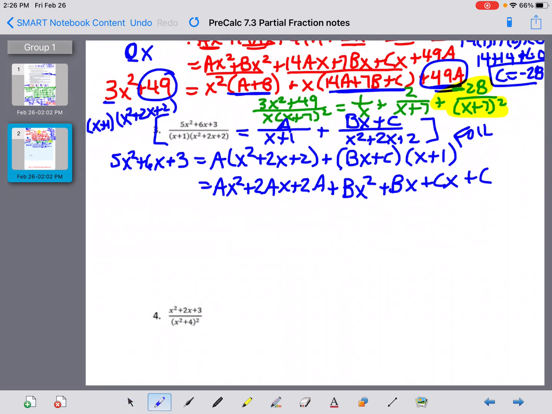All right. I need to group my x squared. So I have an ax squared and a bx squared. Those are all my x squareds. So it's important that you multiply and get every little detail down, put your squareds in there, because if you forget one, it's going to mess you up. Okay. Then I'm going for my x's.